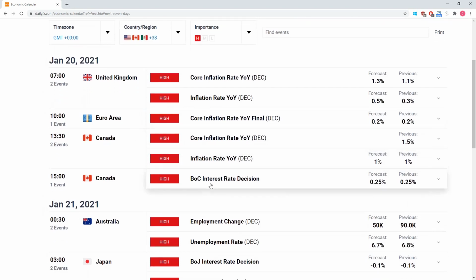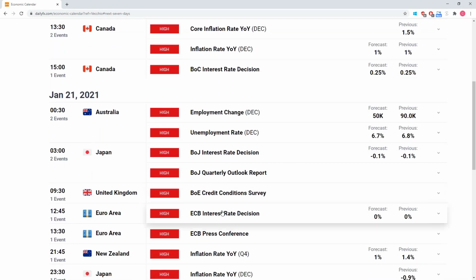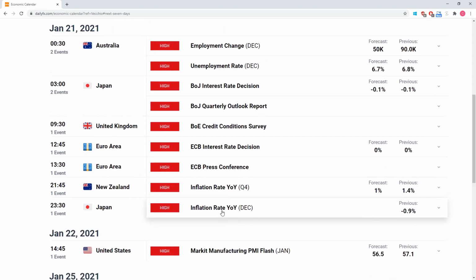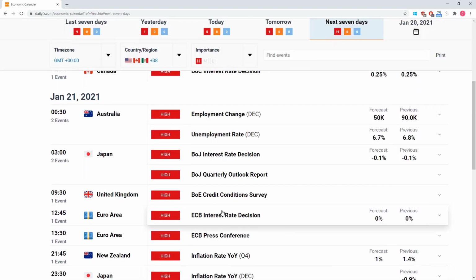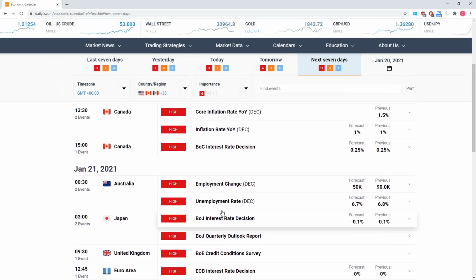We have a Bank of Canada interest rate decision coming up, Australian employment, Japanese interest rate decision, an ECB rate decision, among others this week, all of which are either directly related to policymaking or indirectly related to policymaking vis-a-vis being part of the main objective, the price stability target that these central banks are pursuing.